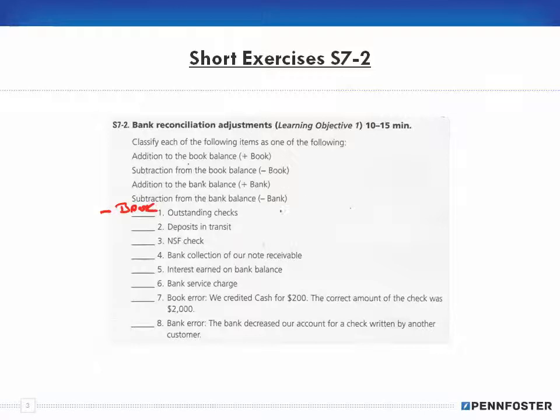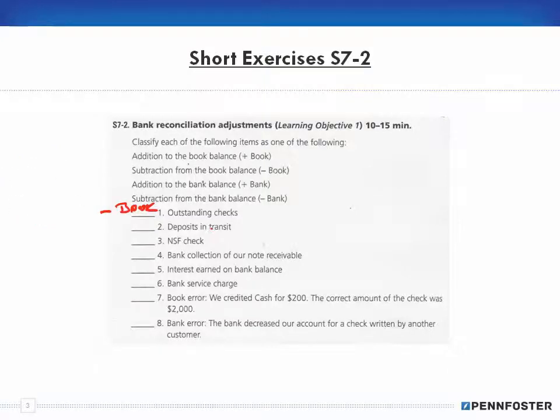Any outstanding checks means, I wrote a check, let's say it's check 108 for $350, and I put it in the mail on the last day of the month. It's not going to be on that bank statement. So I have to subtract it from the balance in the account as if it was actually cashed.